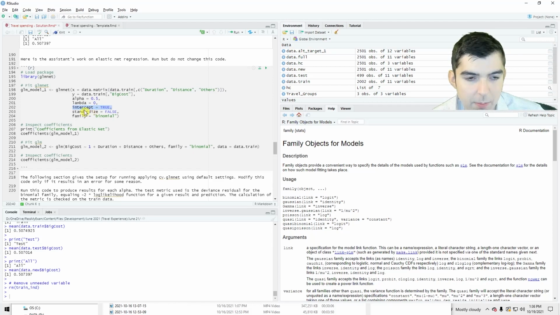That's interesting. Intercept is equal to true. That's always the case. Or is it? The intercept, is that saying that you always have an intercept term? Okay, and then standardize is equal to false.